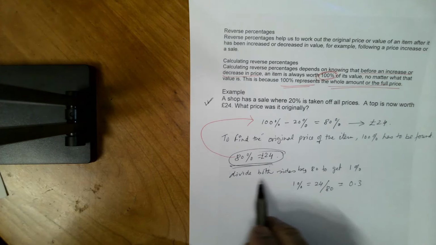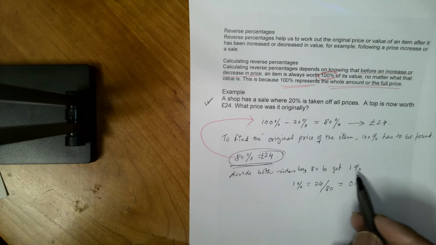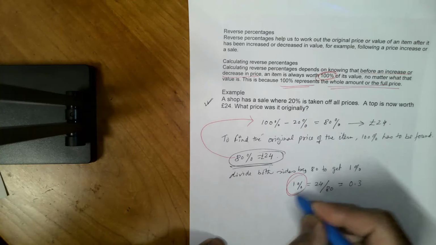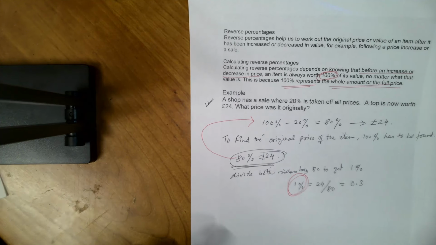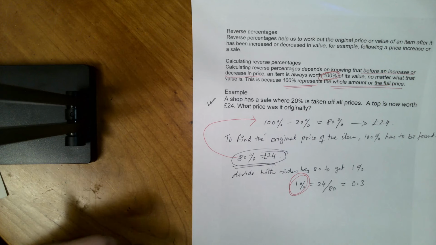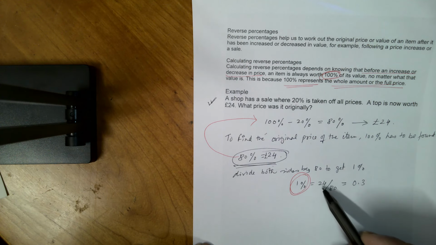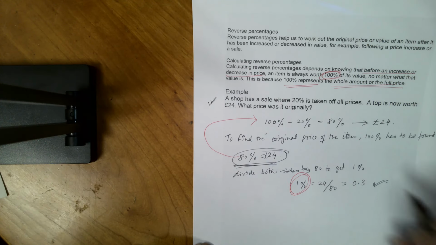So now divide both sides. We divided both sides by 80 to get 1%. So you must get this 1%. That's the easiest way to get this reverse percentage. Once we get the 1%, then you know it's easy. You got 1% by dividing 24 by 80.